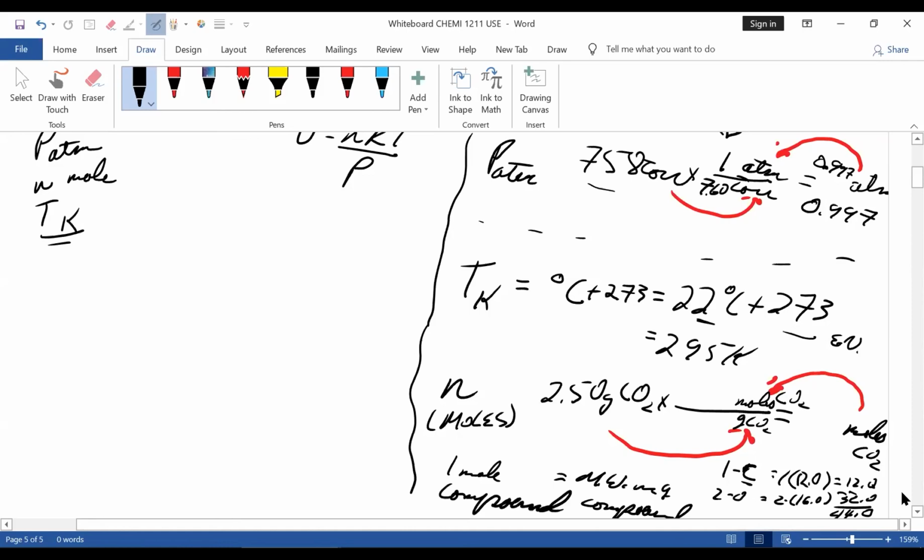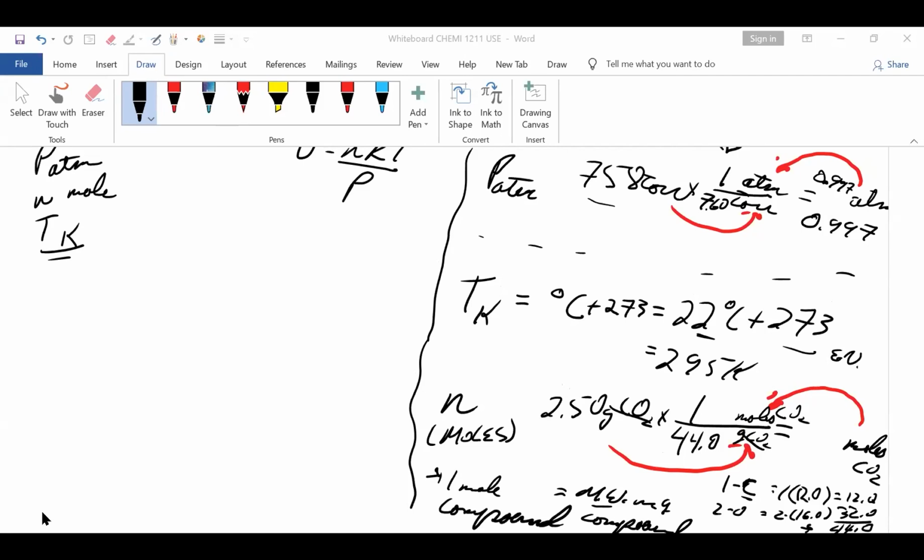And therefore, 1 mole equals the molecular weight, in this case, 44.0. Grams cancel out. If I do the math, which I did ahead of time, hold on. Let me get to my calculator because I thought I wrote it down and I didn't.